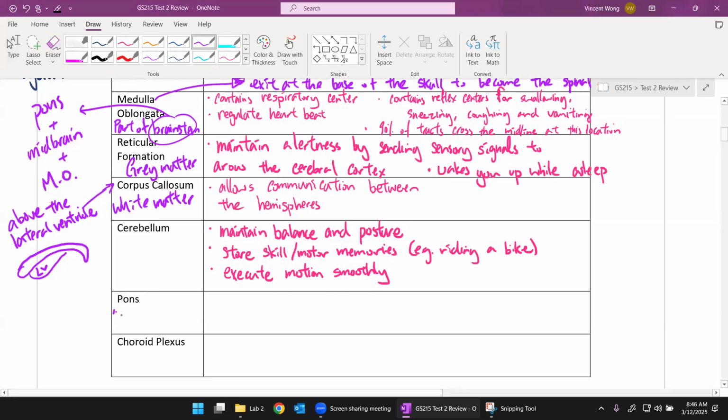Pons. Pons means bridge. Basically, it is like the relay point for multiple pathways connecting various brain structures.